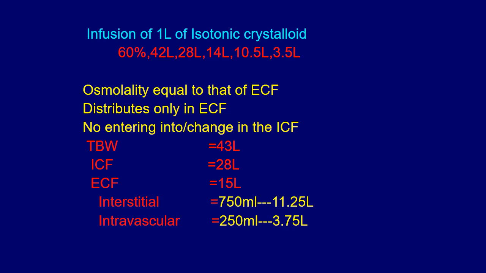Out of that extra 1 liter, 75% will go to the interstitial compartment and 25% to the intravascular compartment, so 750 milliliters and 250 milliliters. So 10.5 liters plus 750 milliliters is 11.25 liters, and 3.5 liters plus 250 milliliters is 3.75 liters. So try to get the big picture into your head.